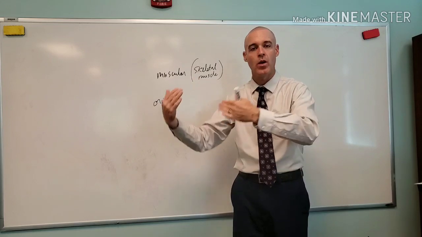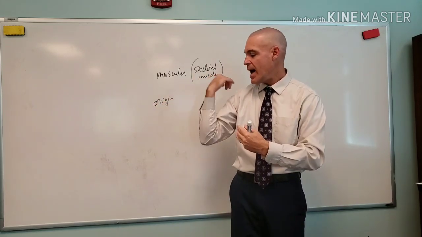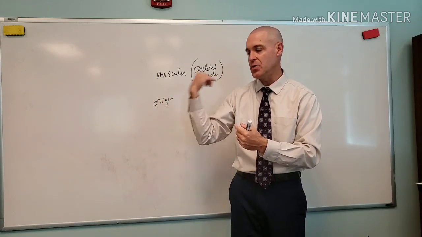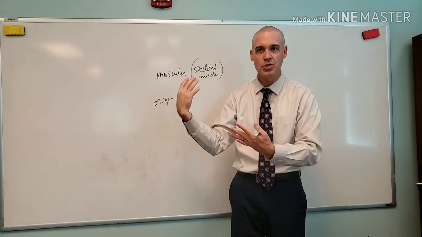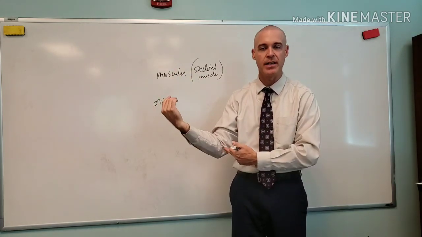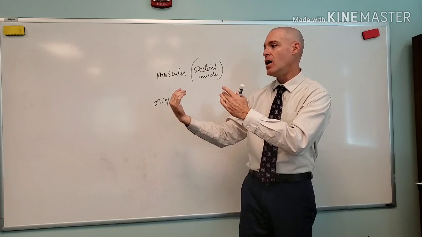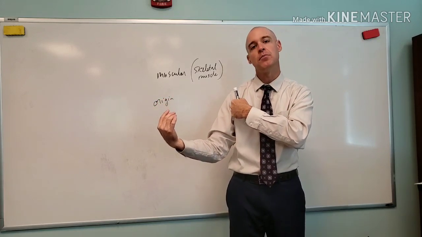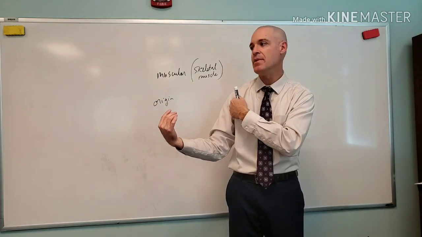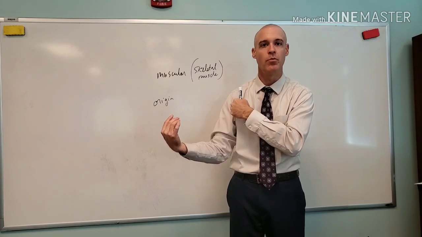One of them is origin, one of them is an insertion. Well, as I move my elbow here, and this is the prime function of the biceps brachii, to flex the elbow, the origin is going to have to be up here, the more proximal end. Why? Because this is the less movable end.